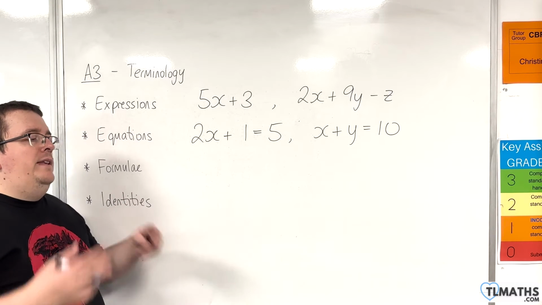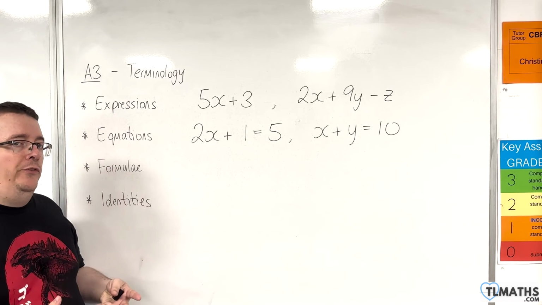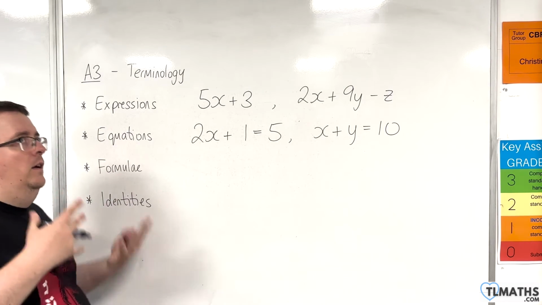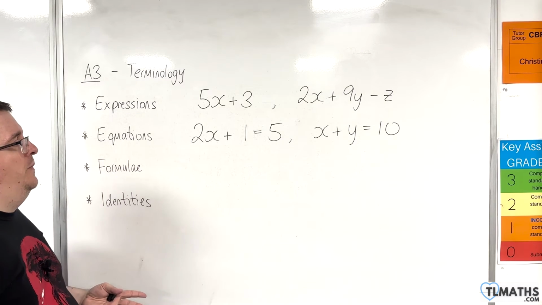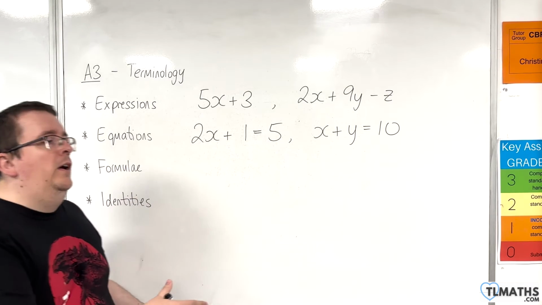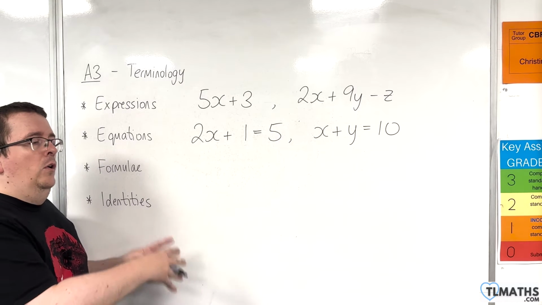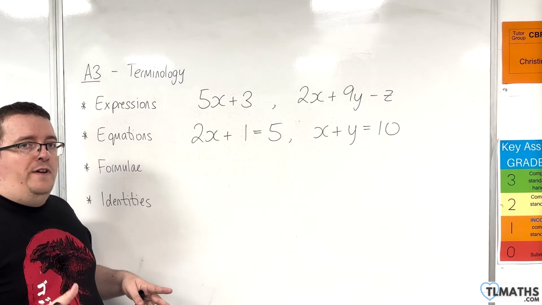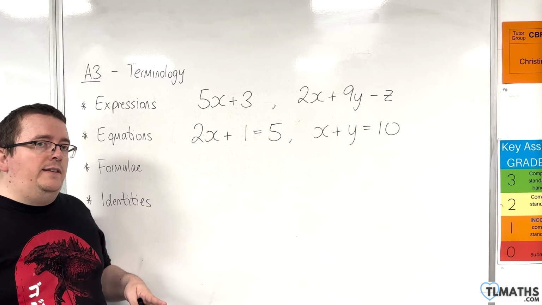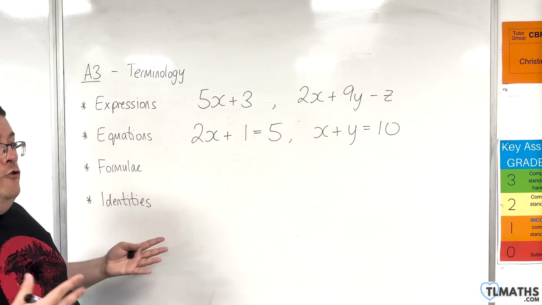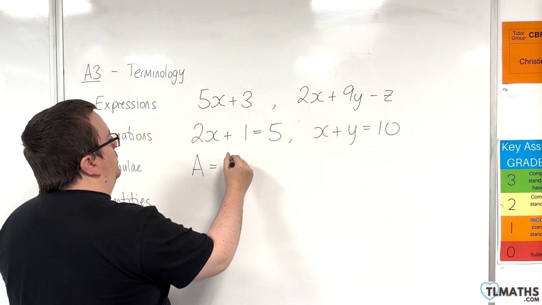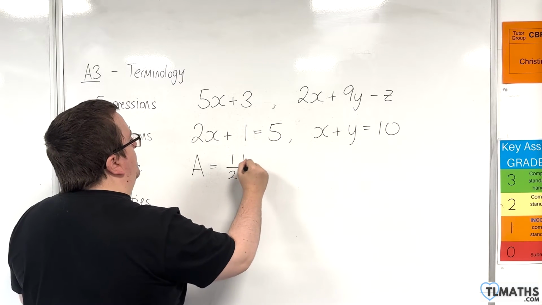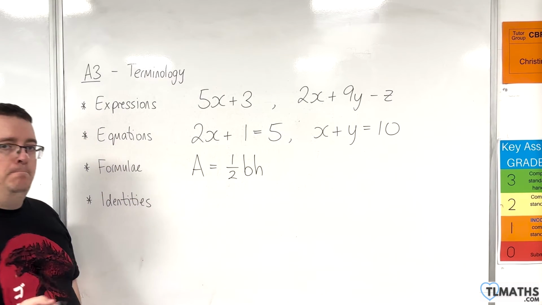formulae, now they also have an equal sign, so you can kind of think of a formula as a certain type of equation, which describes how two or more variables, I should say, are connected. So, for example, we looked at the area of a triangle is 1/2 times the base times the height.